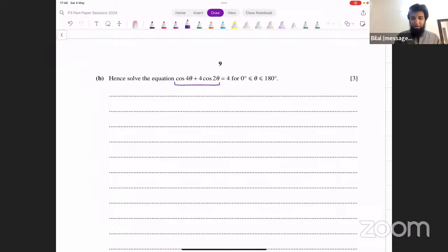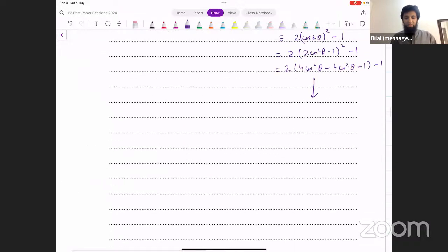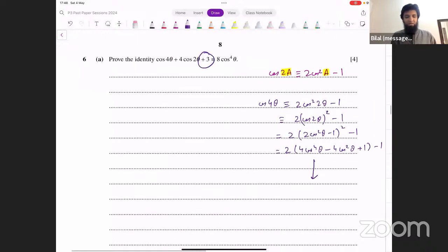So if you were to add 3 here on both sides, cos 4 theta plus 4 cos 2 theta plus 3, on the right side you would have 4 plus 3. So you would get 8 cos raised to the power 4 theta equal to 7 here. Keep that in mind, that in the identity that you proved, you had a plus 3 there as well. So if you want to use that, you would first need that plus 3 in that equation as well.